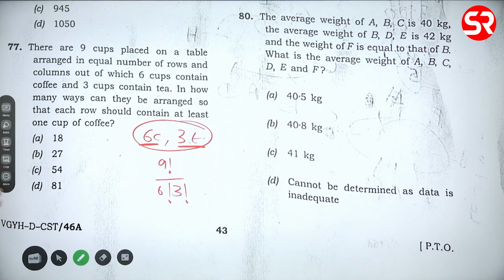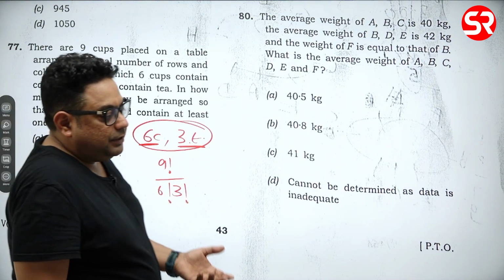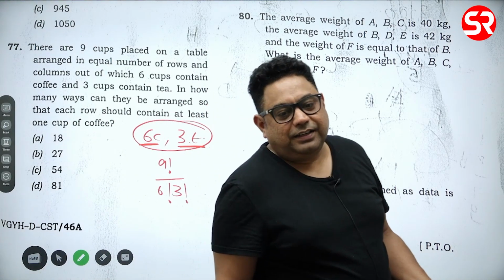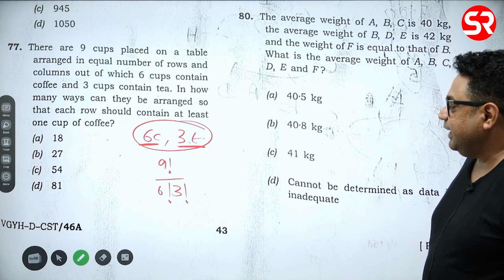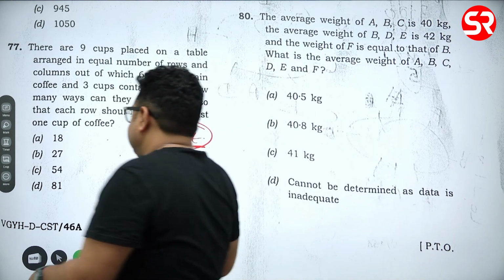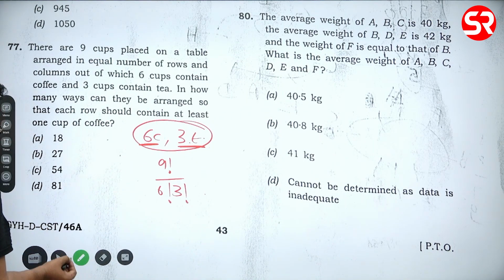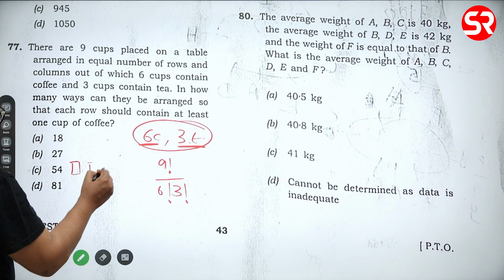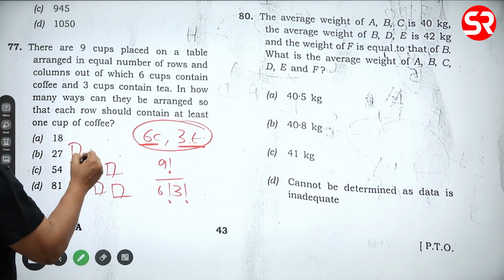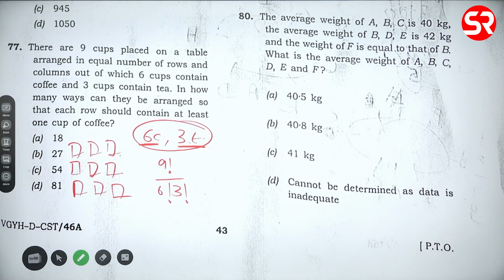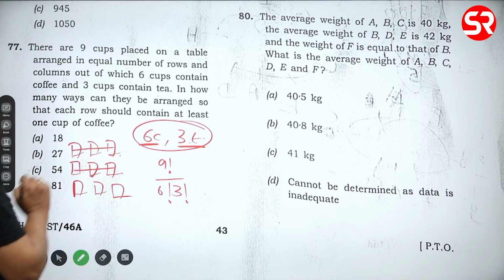Just go back. Identical objects, Mississippi. Remember, identical objects, Mississippi. We had discussed that, right? And then let's talk about this also. Let me put 1, 2, 3 and 1, 2, 3 and 1, 2, 3. Each row should contain at least 1 cup of coffee. Now, there is one way where 3 coffee cups are here and 3 coffee cups are here.